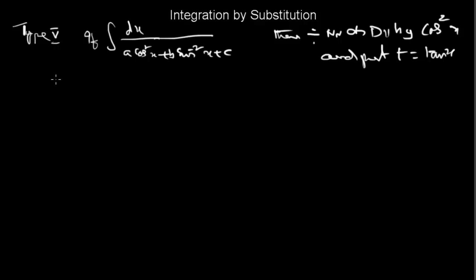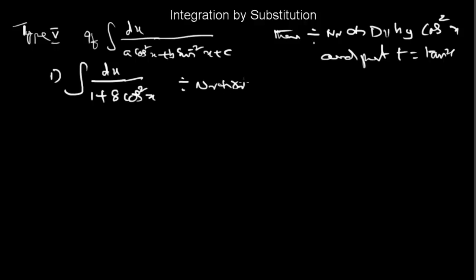Now we take problem number 1, integral dx by 1 plus 8 cos squared x. So divide numerator and denominator by cos squared x. Now what will happen to the numerator? Dx by cos squared x is what? Secant squared x into dx.